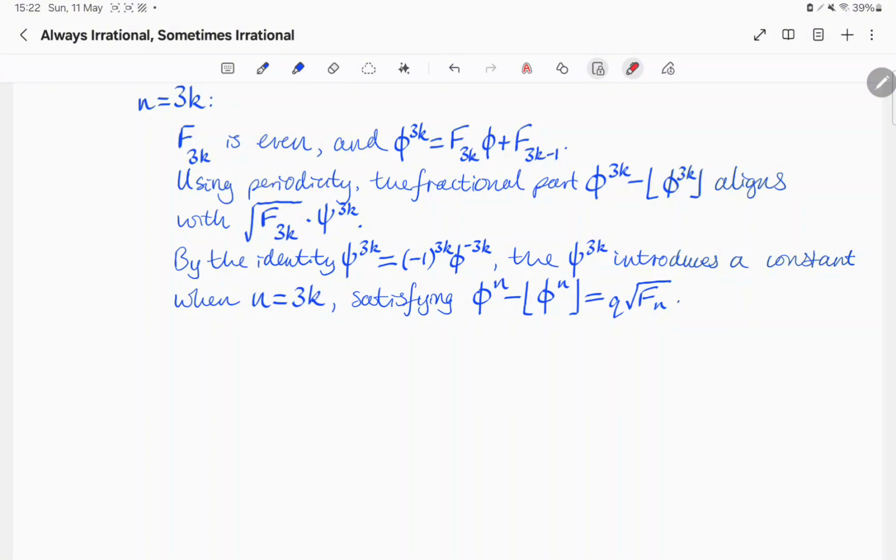By the identity psi^(3k) is equal to (-1)^(3k) multiplied by phi^(-3k), the psi^(3k) term introduces a constant when n is equal to 3k, satisfying phi^n minus floor phi^n is equal to q multiplied by the square root of F_n. Thus, we have proven that a_n is rational only when n is a multiple of 3.